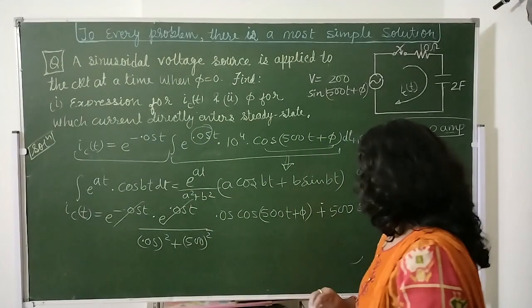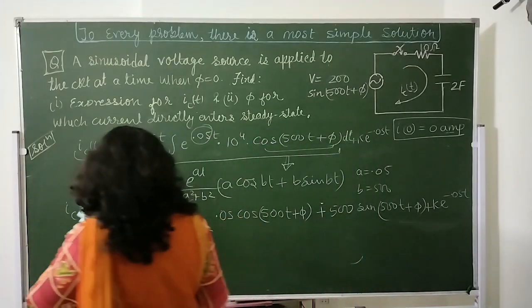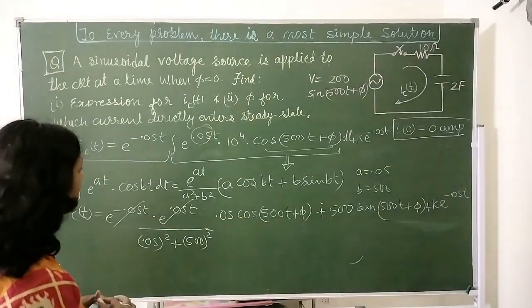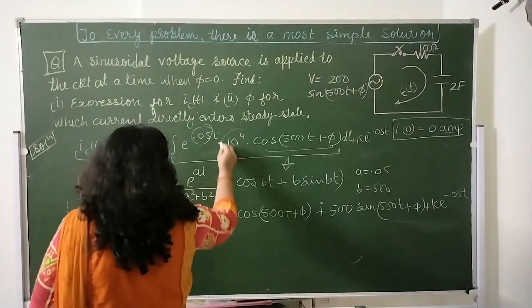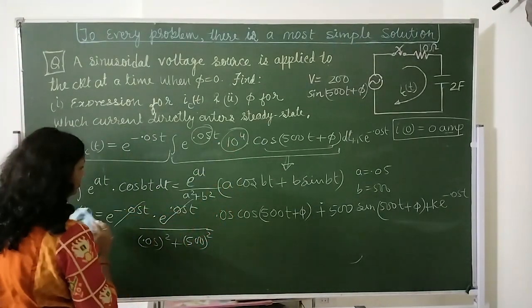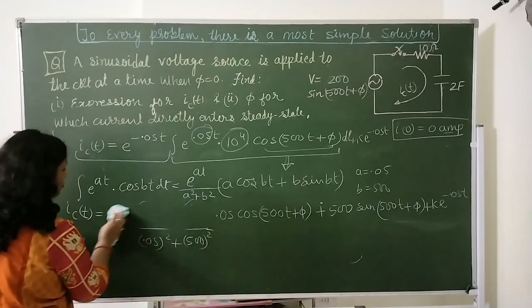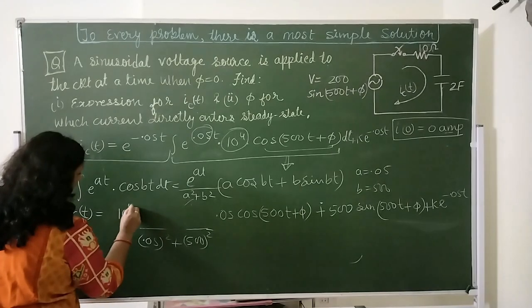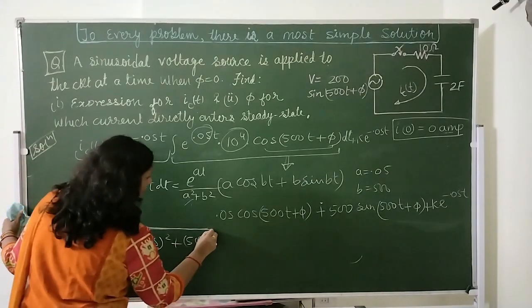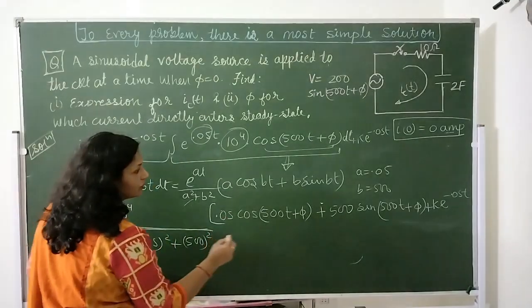In place of q, this will come as a common. 10 to the power 4 is also there, and this will come as a common to both the terms.